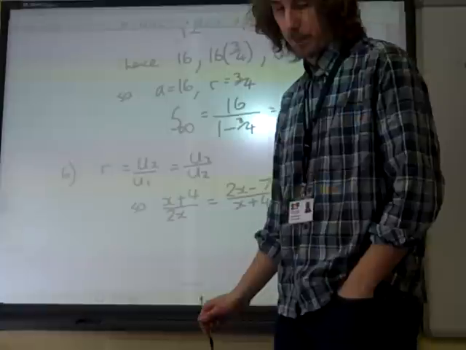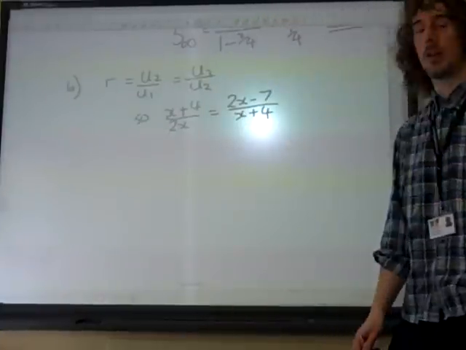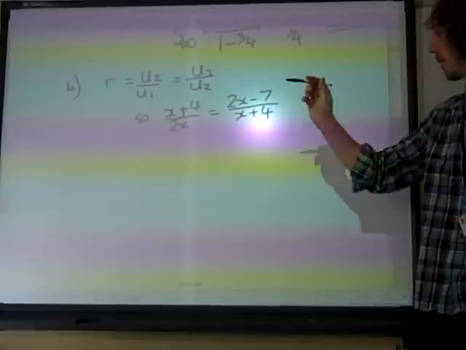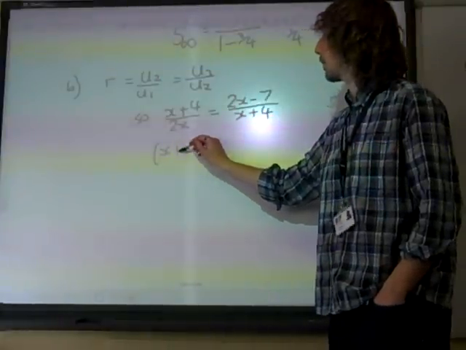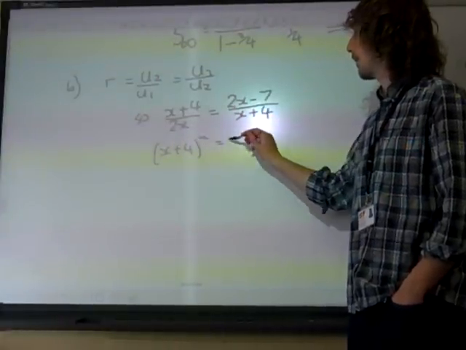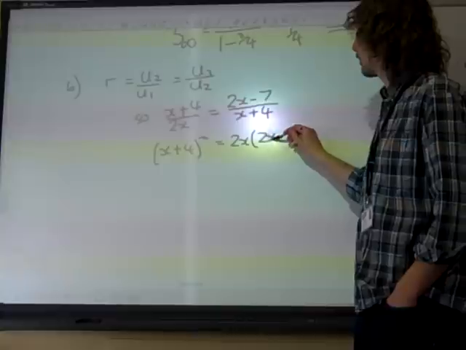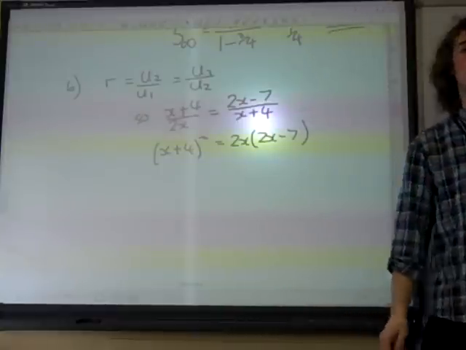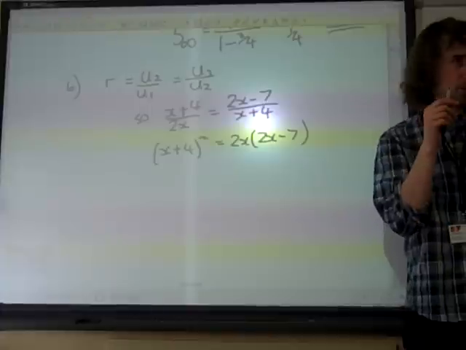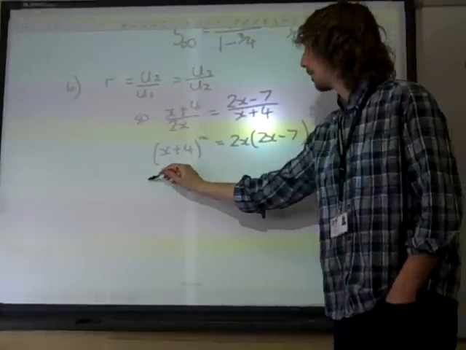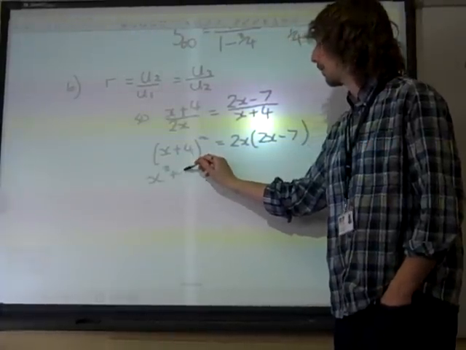We're going to do some multiplying through to get everything onto one line. So if we multiply both sides by x plus 4, we get x plus 4 squared. Multiply both sides by 2x. And you can see we're heading towards a quadratic. I'm going to multiply this out.